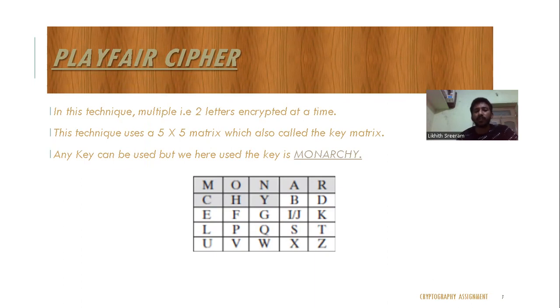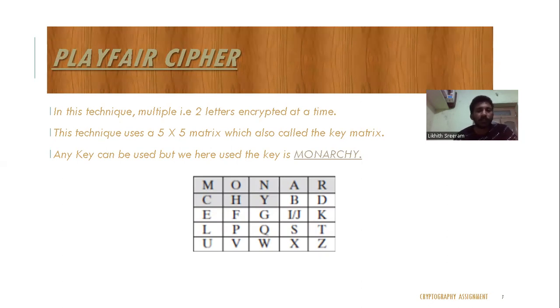It was invented by the scientist Wheatstone. You may have a doubt why it is called Playfair. He was inspired by a toy named Playfair, which his son had named, so he kept that name for this technique called the Playfair cipher.